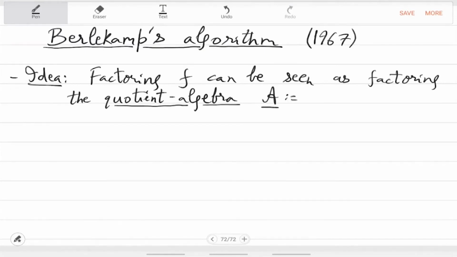So this quotient algebra A is Fq[x] mod f. To understand it, apply Chinese remaindering. What do you get?